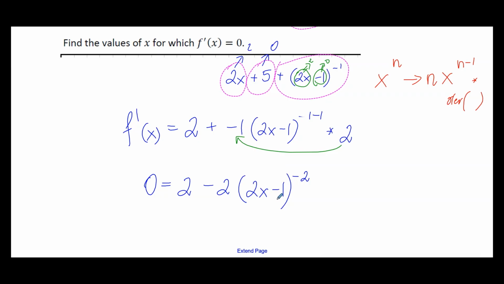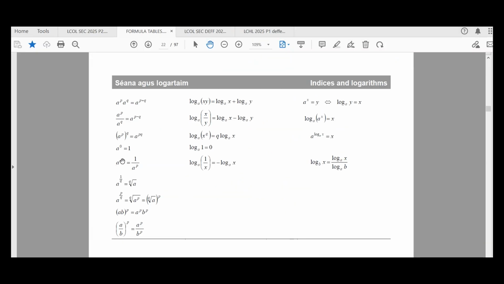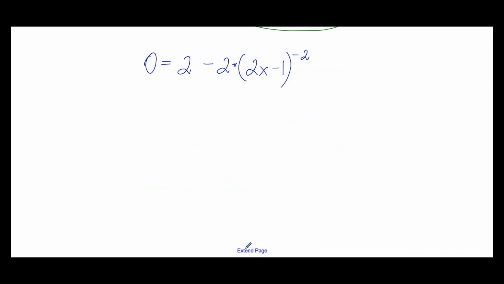Now, it is a bit difficult to take a bracket to the power of minus 2. So we again use that very same formula in our table to change that negative power into a fraction over 1. So that will be 2 minus 2, and we bring that (2x minus 1) to the power of 2.